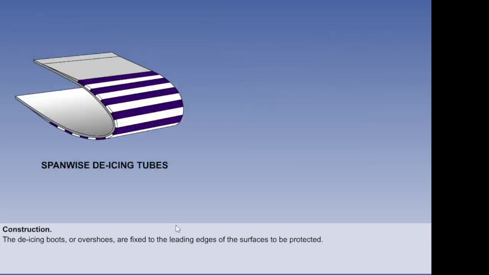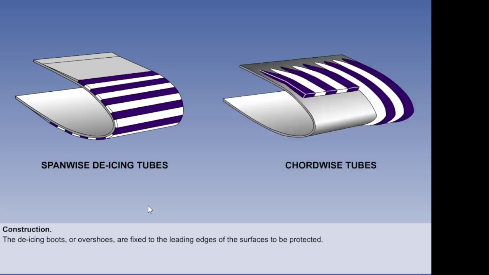In some boots, the tubes are so arranged that when the boots are in position on a wing or tail leading edge, the tubes run along the leading edge. In others, they run across at 90 degrees to the leading edge. The boots may be attached to a leading edge either by screw fasteners or by cementing them directly to the inboard portion of the leading edge, where the wings are thickest.